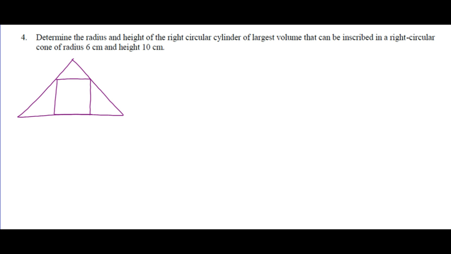Okay, what do we know? The cone has a radius of 6 centimeters, and the cone has a height of 10 centimeters. So if we pull out just half of this, we're going to look at a triangle which is 10 centimeters here and 6 centimeters here.